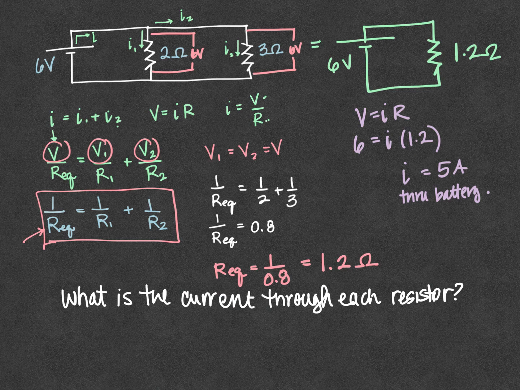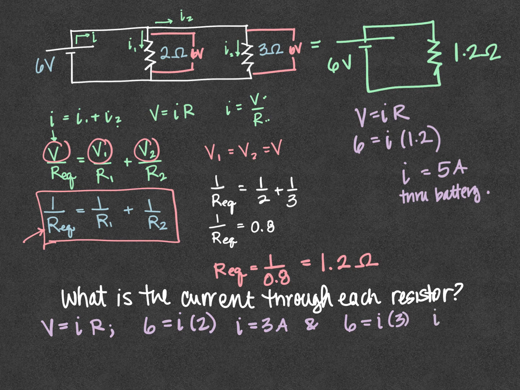Well, again, if electric potential is equal to I times R, then we can say that 6 is equal to I times 2, so I would be 3 amps, and 6 is equal to I times 3, so I would be equal to 2 amps.